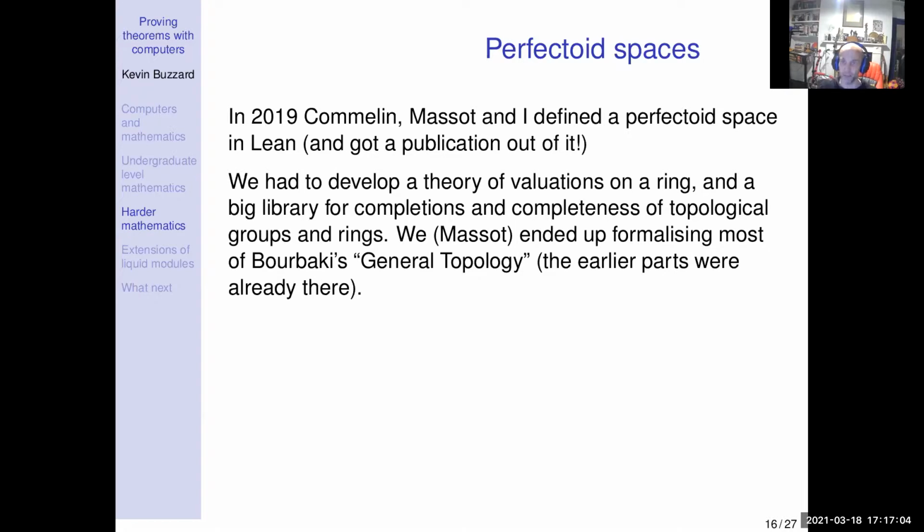Massot is a topologist, and he ended up formalizing a lot of Bourbaki's general topology. This is another very big book, and he just kind of plowed through teaching the theorems to the computer and found a couple of interesting little glitches in there, proofs that somehow said, it now follows from this lemma, and you're looking at this lemma, and somehow it doesn't follow from this lemma. Sometimes there was something going wrong with the referencing.